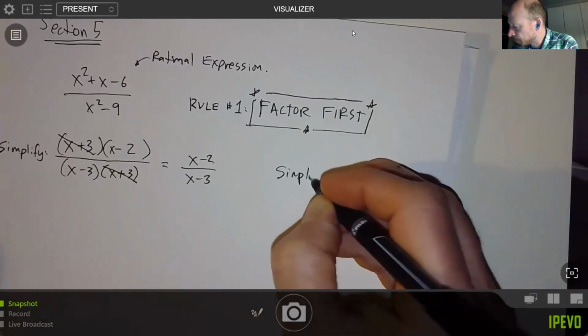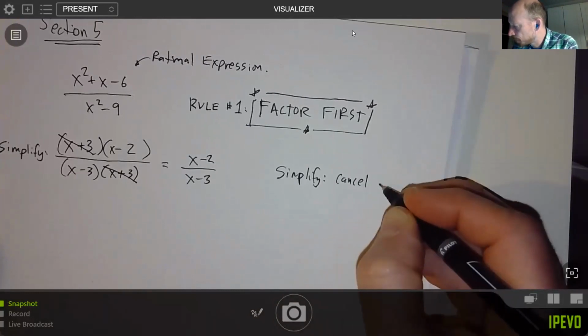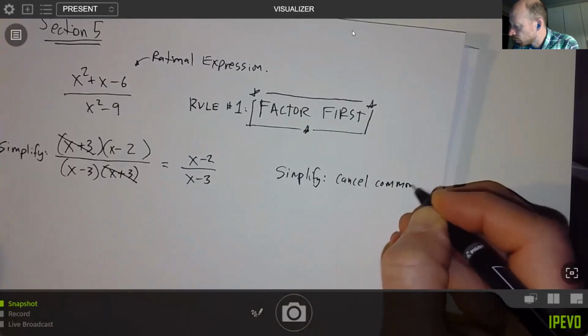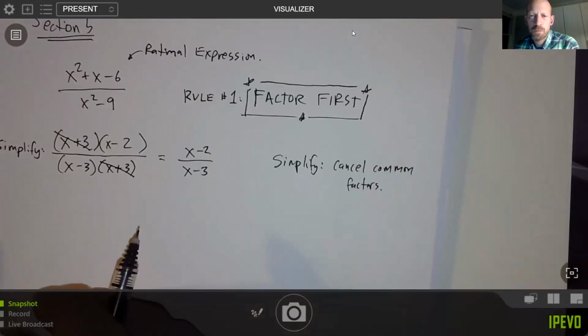You could call that a rule, I guess, but it's really just a description of what we're trying to do.